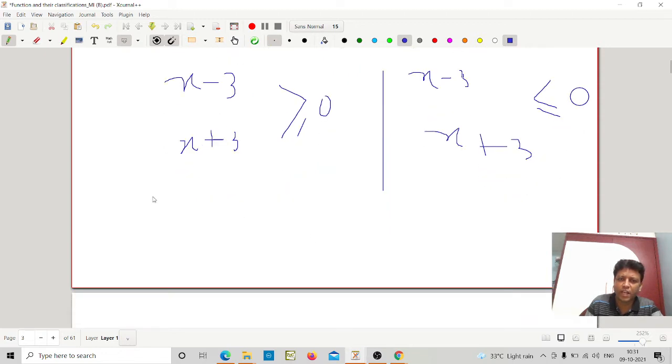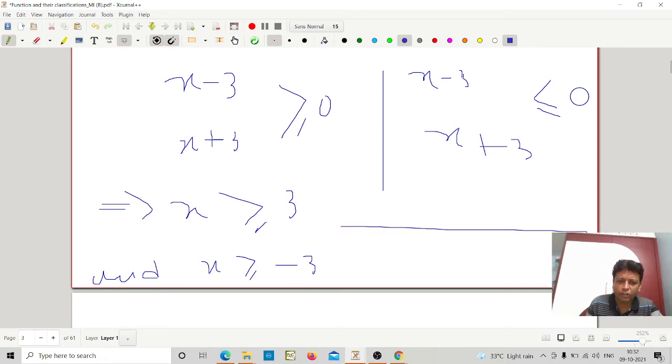So it implies x greater than or equal to 3 and x greater than or equal to minus 3. What is the common portion between these two regions? One is minus 3 to infinity, another is 3 to infinity.